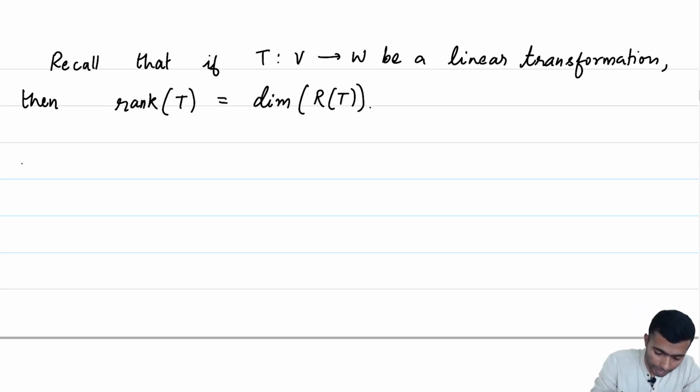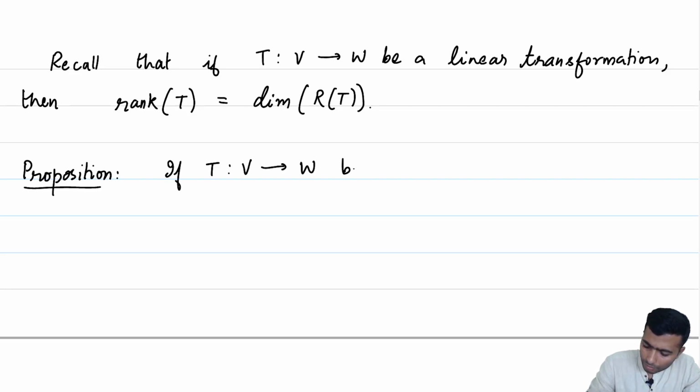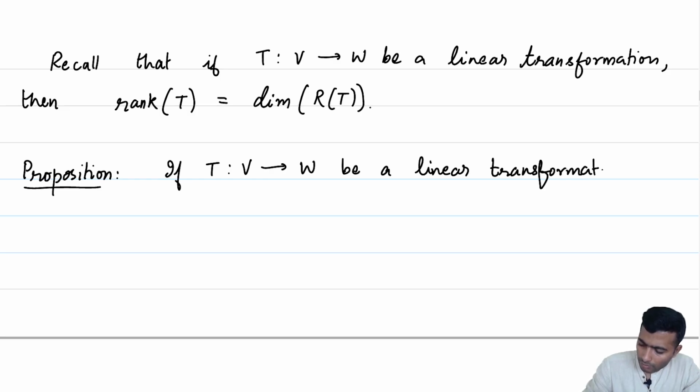One example would be, let me just leave it as an exercise, or maybe I'll just prove it. Proposition: let T from V to W be a linear transformation between equidimensional vector spaces, say between vector spaces each of dimension n.